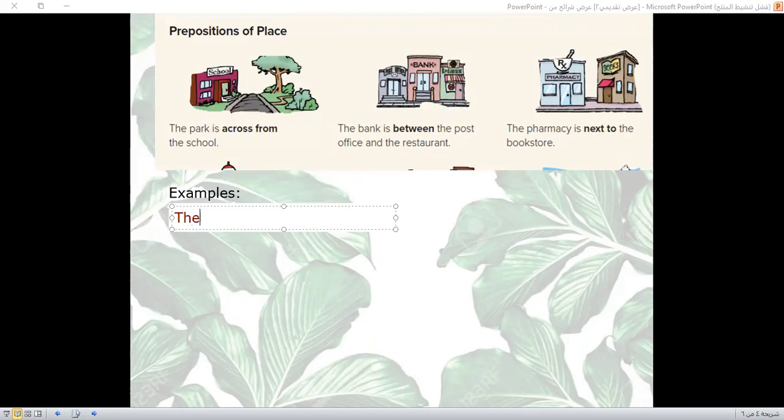The mall is across from my home. Yes, the mall is across from my home. Thank you so much. Very good sentence. Now we understand the meaning of across from: the other side or the opposite side of the street.